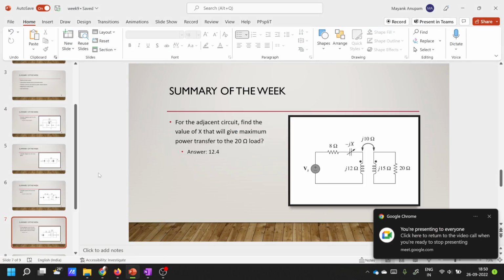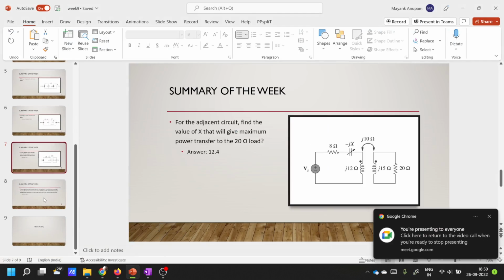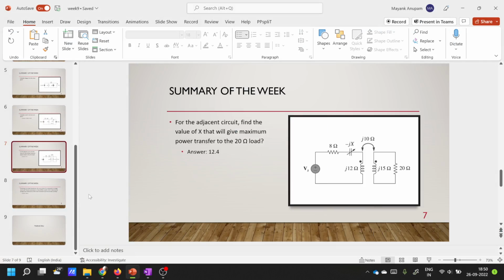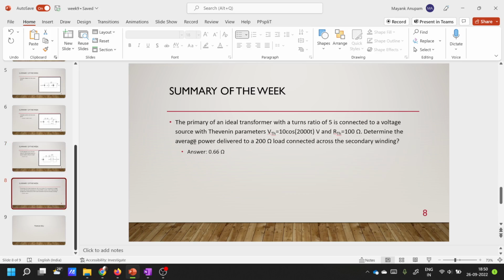So let's move ahead to the last question of this discussion. The primary of an ideal transformer with turns ratio of 5 is connected to a voltage source with Thevenin parameters.